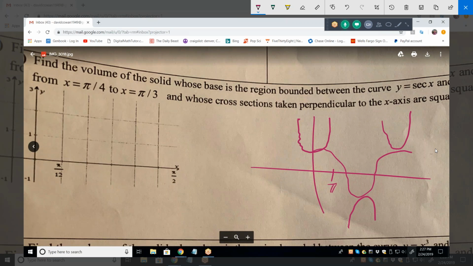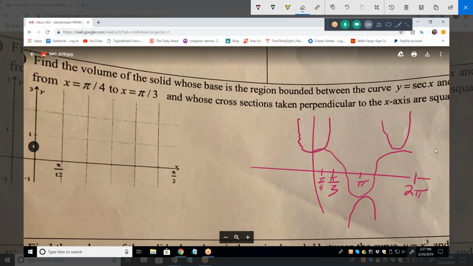Now, hold on a second. Let's see, this is 2 pi. So that's pi. So they're talking about from pi over 4 to pi over 3. Right.